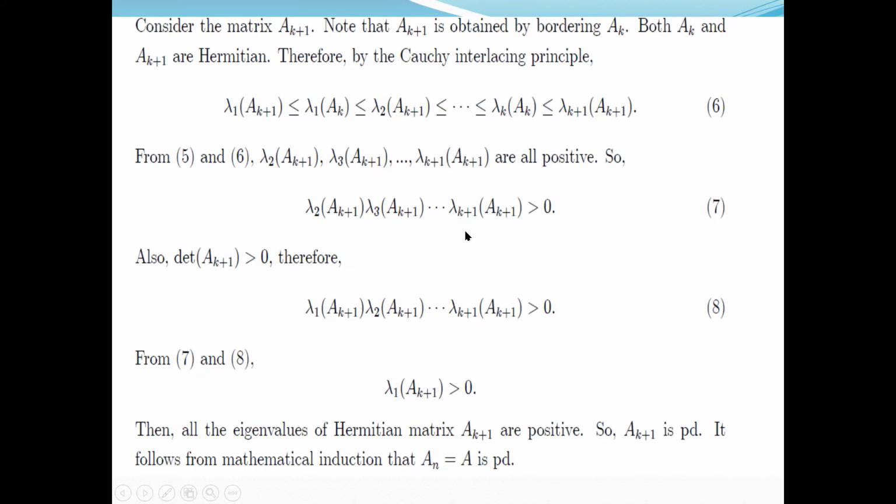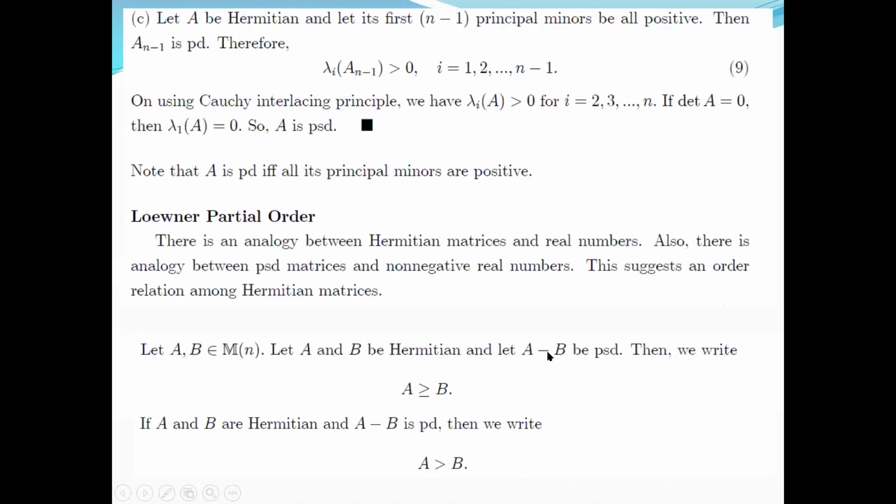Now divide 8 by 7, we see that lambda 1 is also positive. So the matrix is Hermitian and all its eigenvalues are positive. Therefore, A(k+1) is positive definite. So the result follows from mathematical induction, and this is known as the Sylvester criterion.